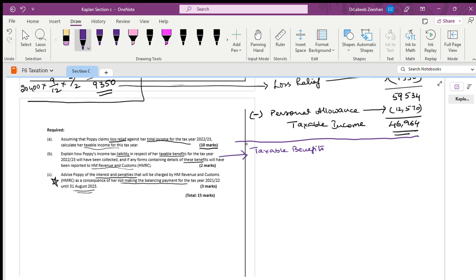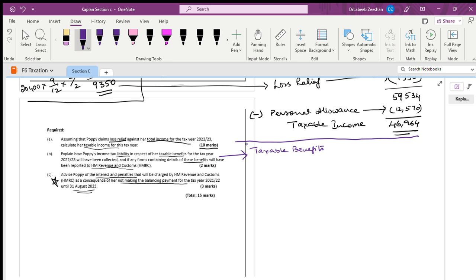The rule says that in the initial years, not much importance was given to this, but nowadays people are changing jobs very frequently, and in some cases people have a gap between one job and another, a 1 month, 2 months, or 3 months gap.